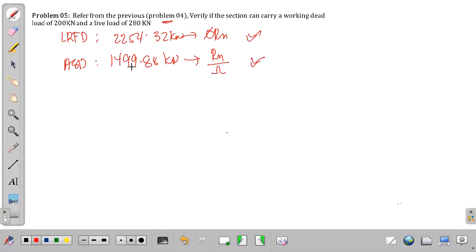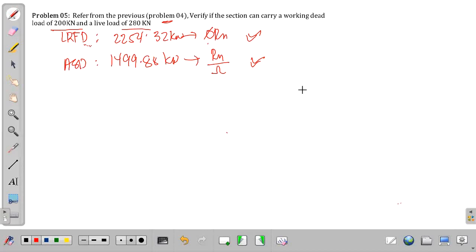How can we verify if our section can carry a working dead load? We need to compare our actual load, which is given 200 and 280, with our design or allowable. Pagka LRFD, we need to compare our factored actual load dito sa ating design tensile strength. And for the ASD, we need to compare the actual load with our allowable tensile strength.